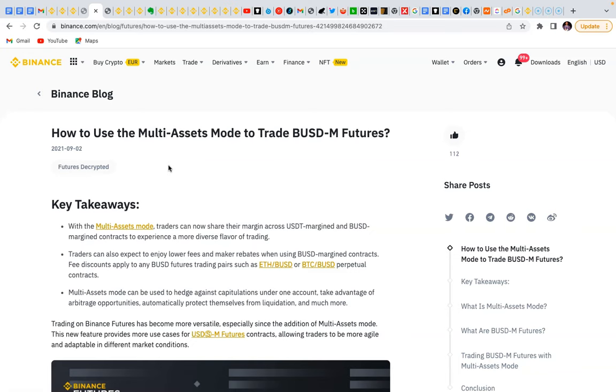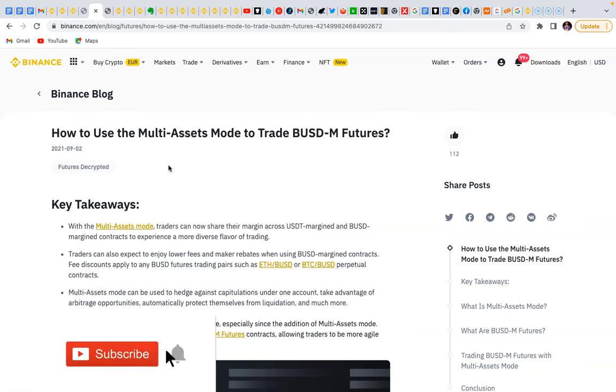So regardless of the market direction, if you've got your analysis right, you can make profit. But if you're into futures trading, you most likely have been using the single asset mode, and that gives you some sort of limitation. I'll explain this subsequently. So I would explain how to use the multi-asset mode.